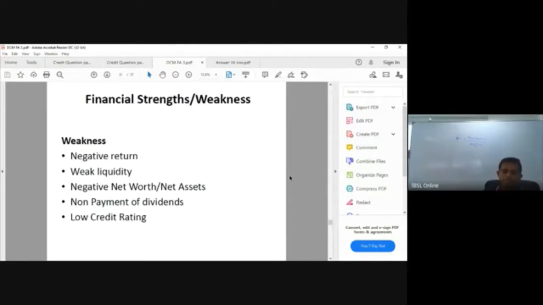Sometimes companies are selling their assets, resulting in a negative net worth and net assets position. That is not good. Non-payment of dividends: if dividends have not been paid for two or three years, that is not a good sign, right? Lower credit rating, right? These are some weaknesses for you to consider.